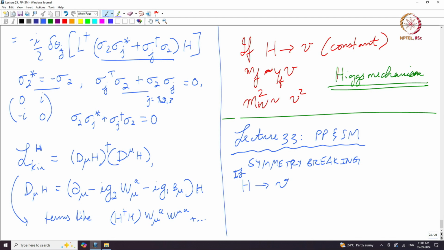So, if I were to replace it with a constant, then you would just like that simultaneously lose this symmetry, right, of the standard model, right. So, that shows that these two things happen together, okay.